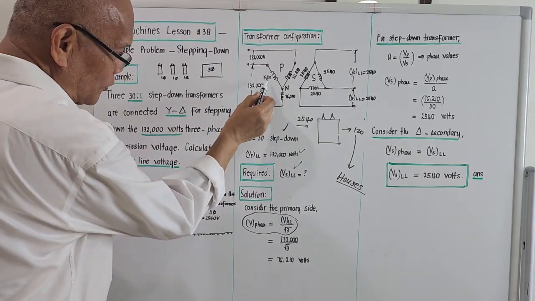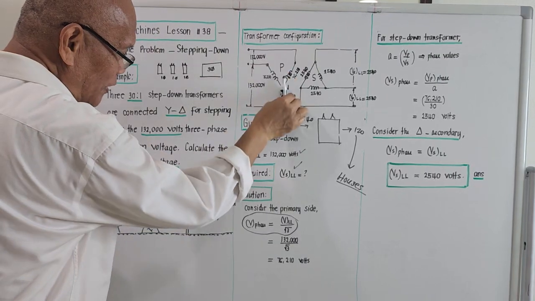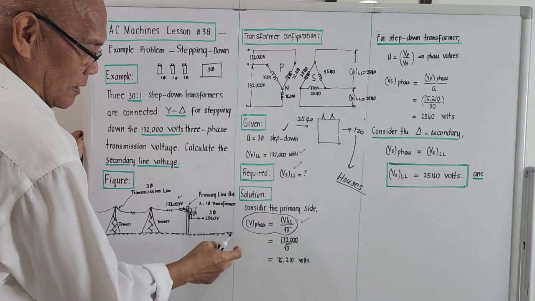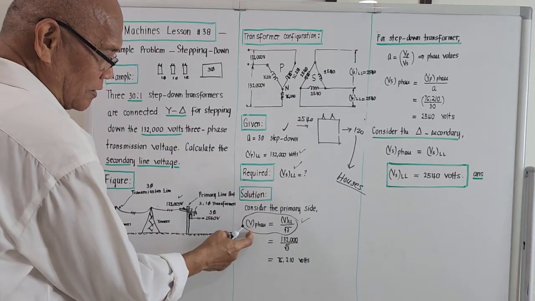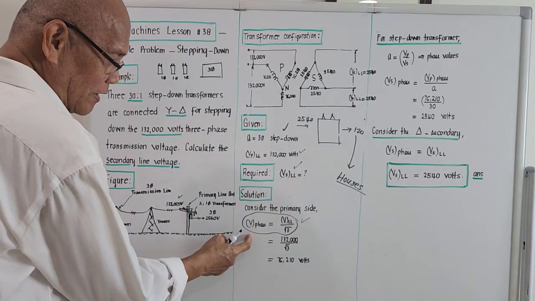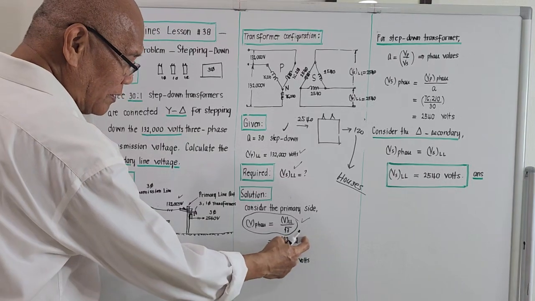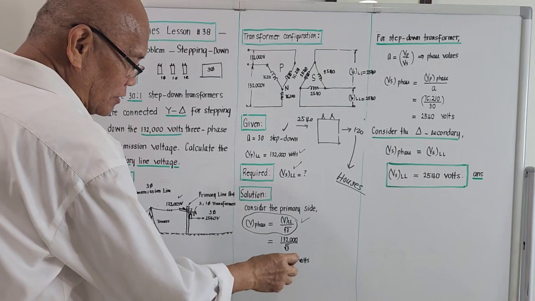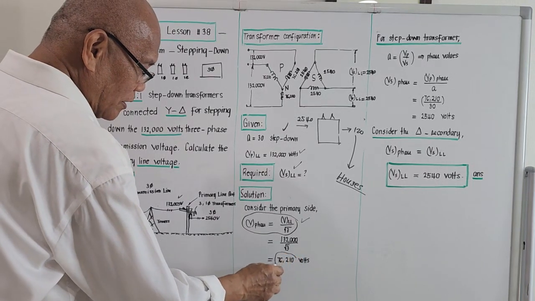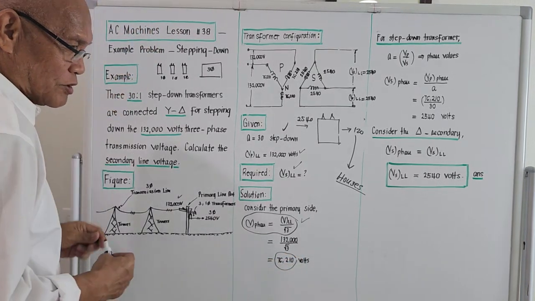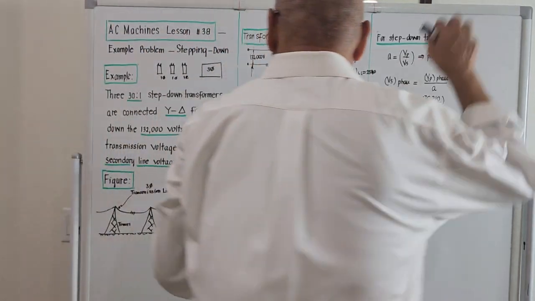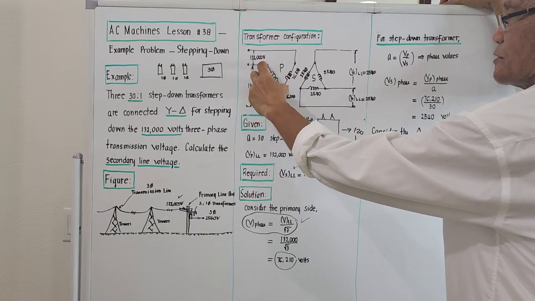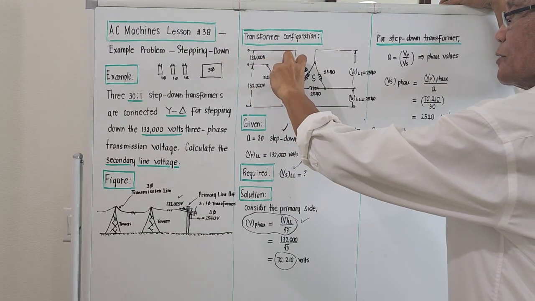So if we try to compute the magnitude of the voltage for each phase, we will be using this relation, so I place it here. The phase voltage on the primary side should be equal to 132,000 over square root of 3, and this is 76,210. So in each phase on the Y primary, this is 76,200.